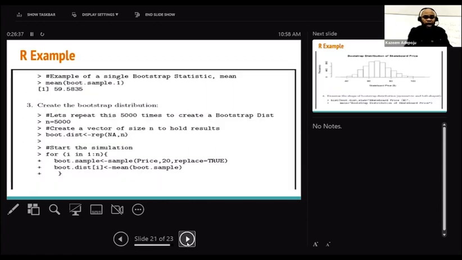You now want to produce several versions of the sample, because one bootstrap is not enough. Okay, now this is 5,000. This is the code. It means we're basically going to have 5,000 means, because we've produced 5,000 versions of that.